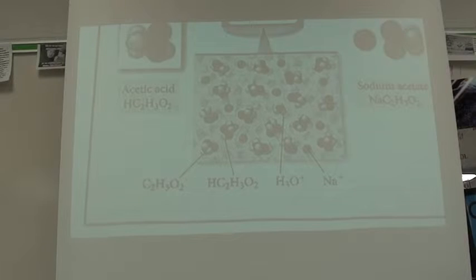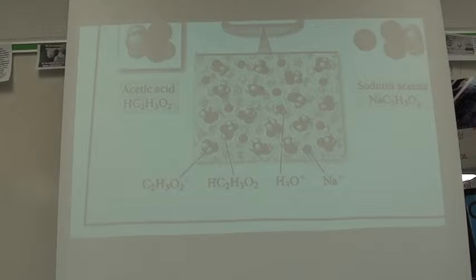So part of the buffer system will defend against one invader, and the other part of the buffer system will defend against the other. It is your job to look at a buffer system and figure out which part of the buffer will defend against a strong acid or a strong base. Are you ready to be able to do that?